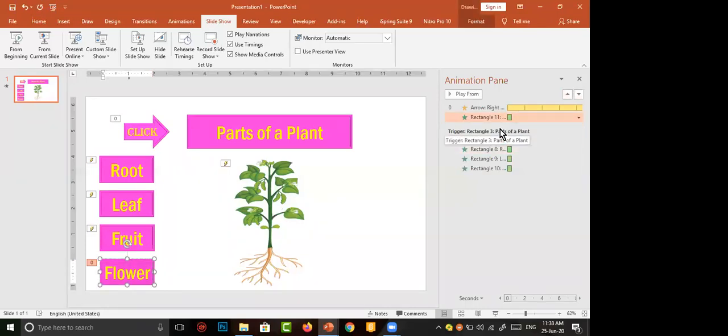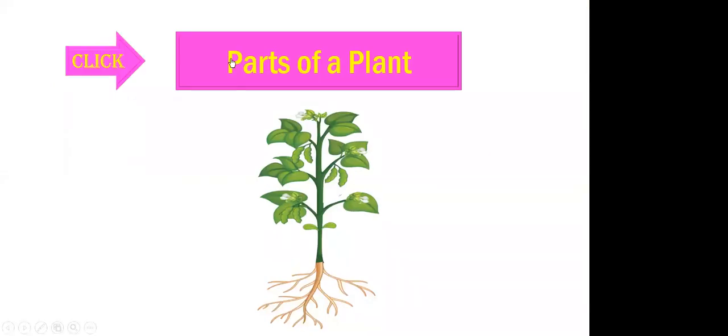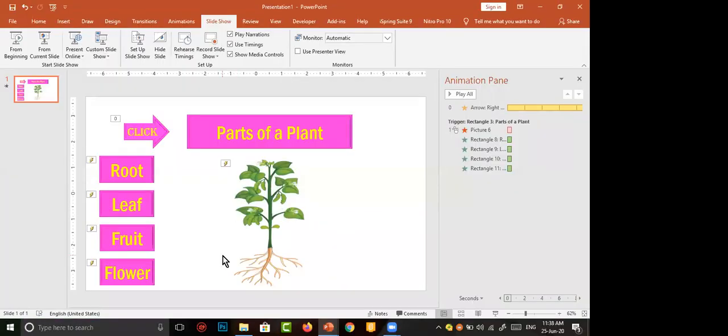Selected. Move to the bottom. Okay. I am going to see it in slideshow mode. From beginning, parts of a plant. Make a click. All boxes are appearing. Okay.